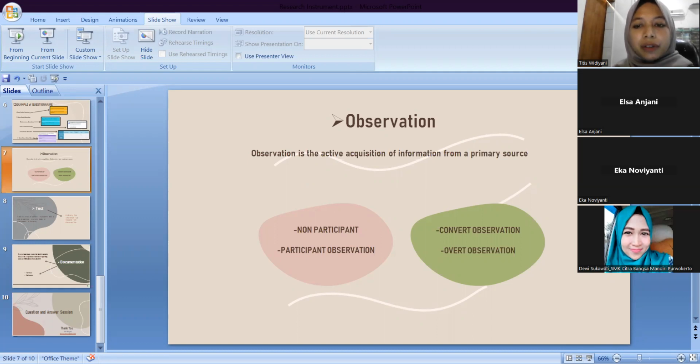And then the second is covert observation and overt observation. Covert observation occurs when the subject is unaware that they are being observed. And overt observation is when the subject is aware that they are being observed.